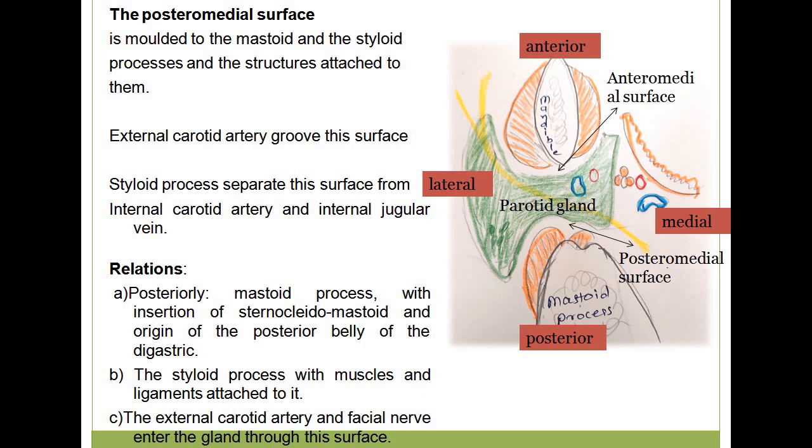The styloid process, along with the three muscles attached to it, is also related with this posteromedial surface, and the external carotid artery and facial nerve enter the gland through this surface. You can see here the external carotid artery and the facial nerve entering from this posteromedial surface.